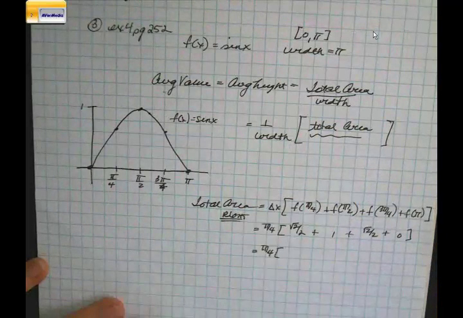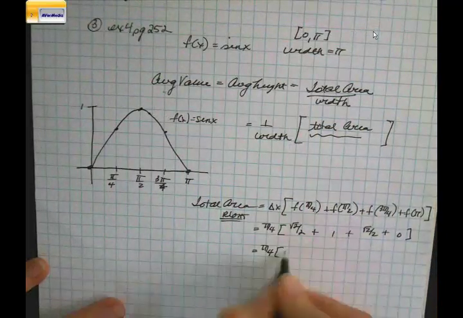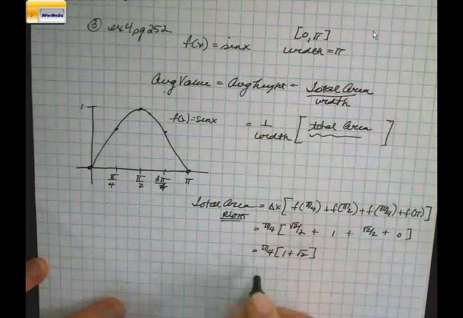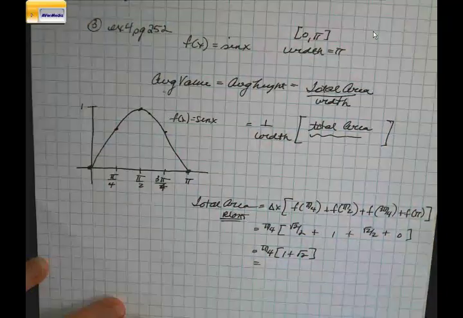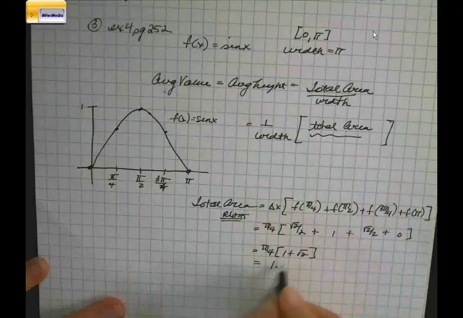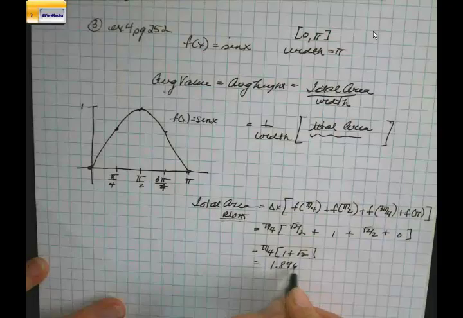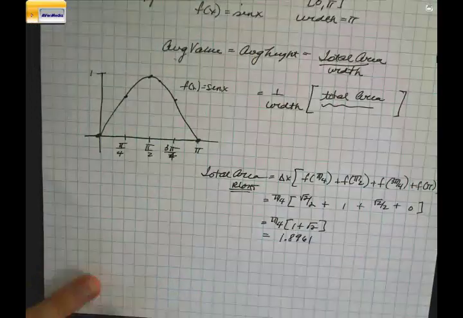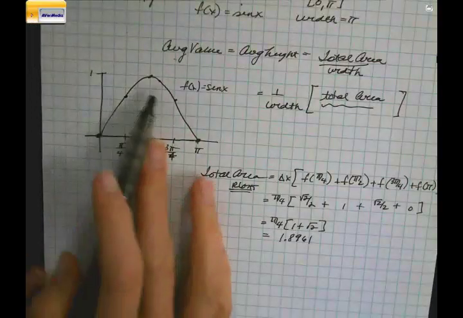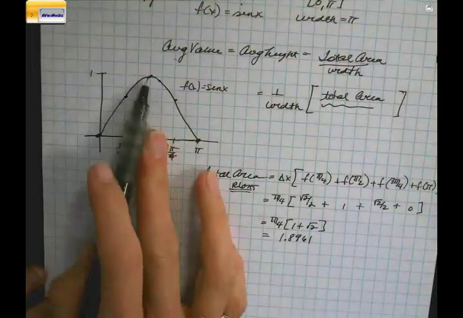So this is pi fourths times 1 plus the square root of 2, which is approximately 1.8961.